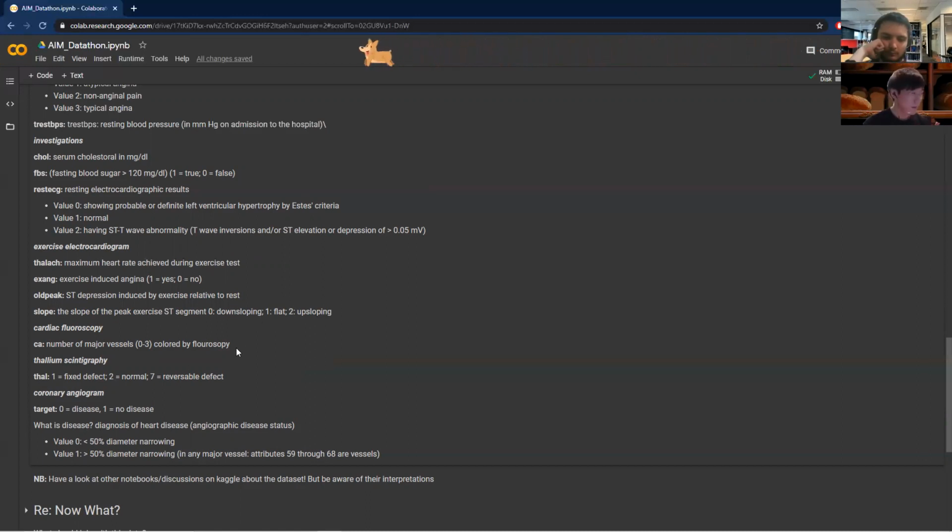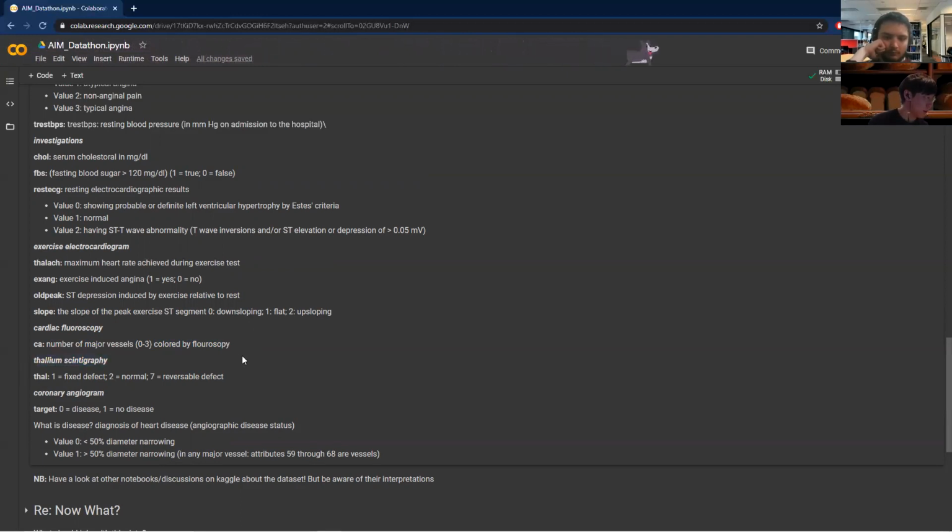Because if they're blocked, or even if they're narrowed, the dye wouldn't go through as well. And this is what this indicates. It's the number of major vessels. I'm not too sure what major vessels means here. Maybe that's something that's explained in fluoroscopy procedures. But this is also recorded as an investigation result.